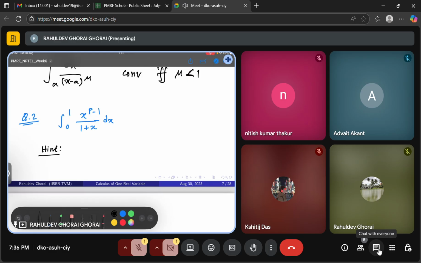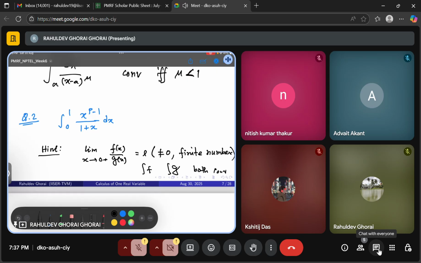Okay. So if limit x tends to 0 plus f(x) over g(x) is equal to L, which is not equal to 0 and a finite number, then the integration of f and the integration of g, I mean improper integrals, are both convergent or both divergent.